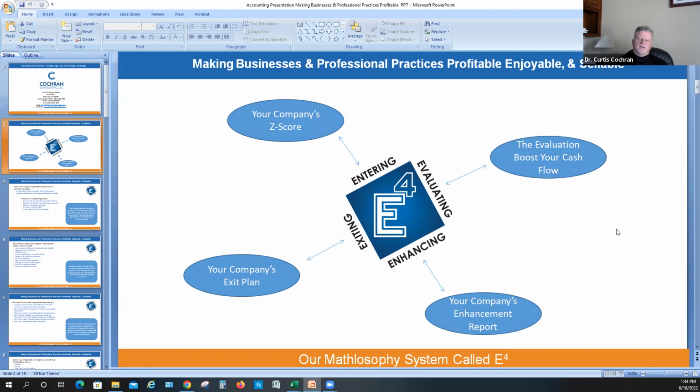If you look at the top right-hand corner, entering, it says your company's Z-score. What that means is, if you are entering a business for the first time, there are more than just two options, but the first option is that you start your business from scratch, from your garage, your bedroom, office, or whatever it is.